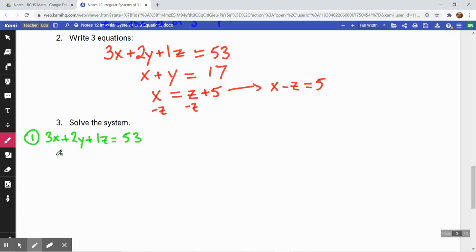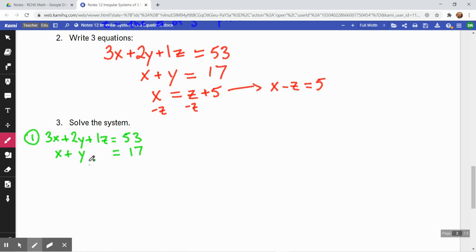And we have an x plus y equals 17. Now notice here, I'm going to line up common pieces, common terms. I'll put x below x and y below y. Equals will still line up, and these constant values still need to line up.